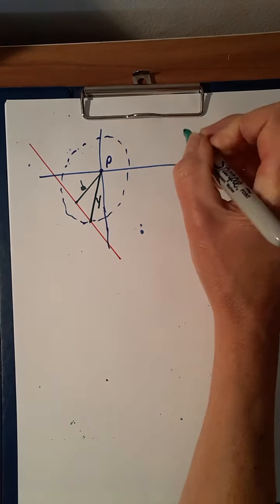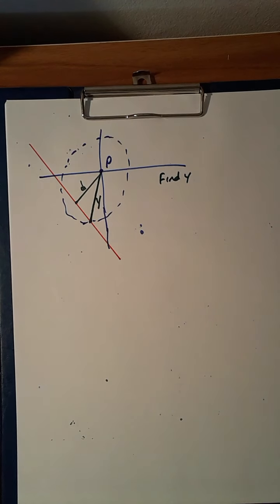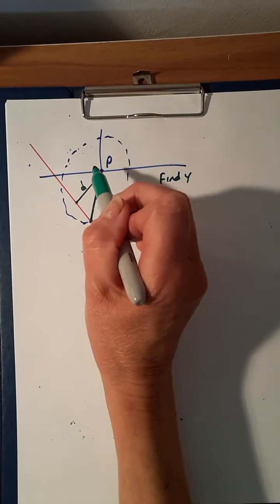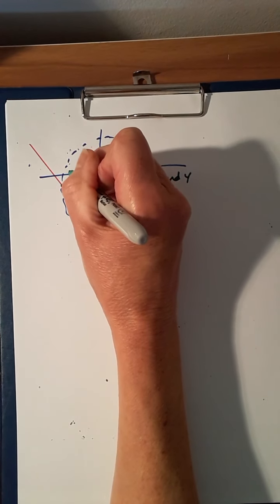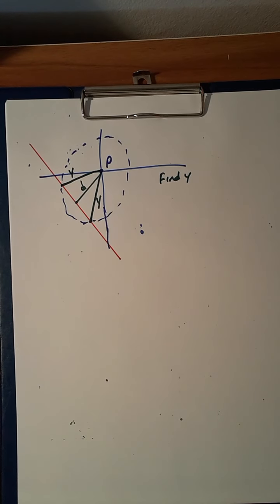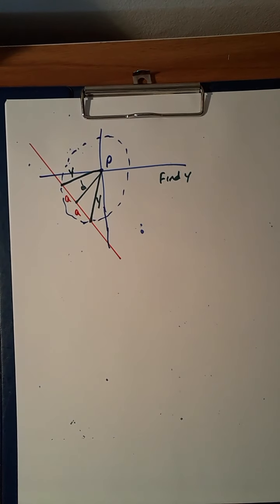I'm going to call that Y. So you want to find Y. Now, normally I'd drop a perpendicular down to here. That distance, of course, would also be Y. I have this D there, 8.66, and I would call those two values there A and A, because I've already used X, so I'll call them A.